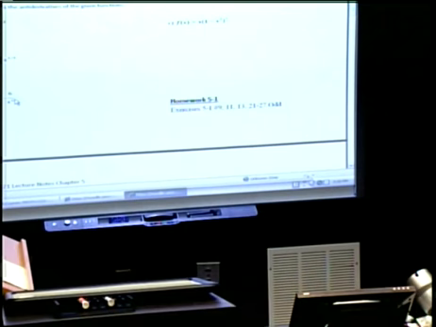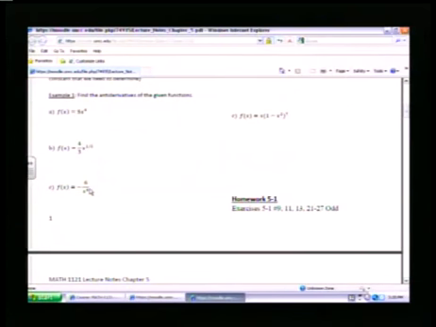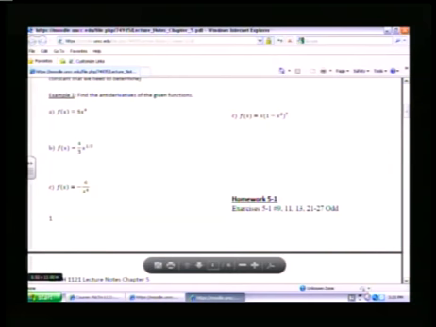It was this C? Yeah. Okay. That's when I stopped. F of x equals negative 6 over x to the fifth is the problem.